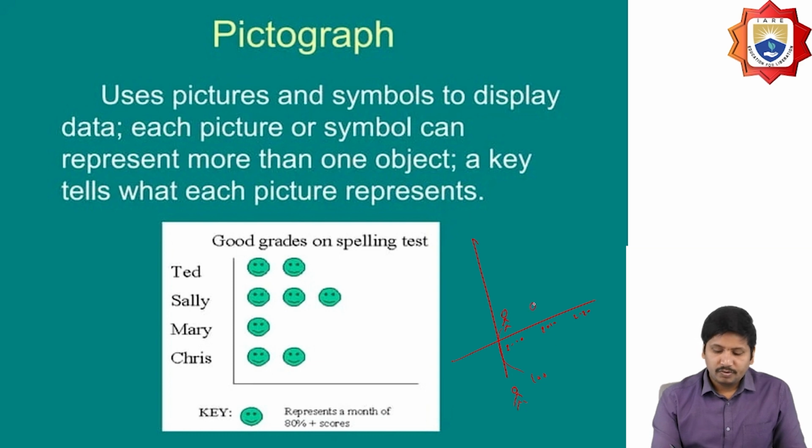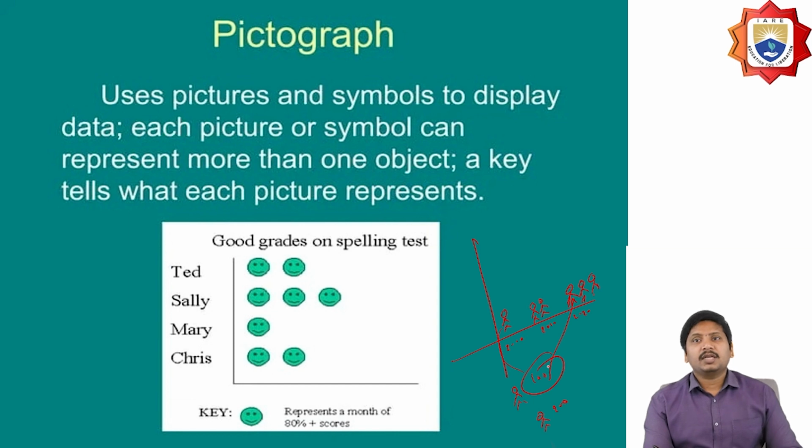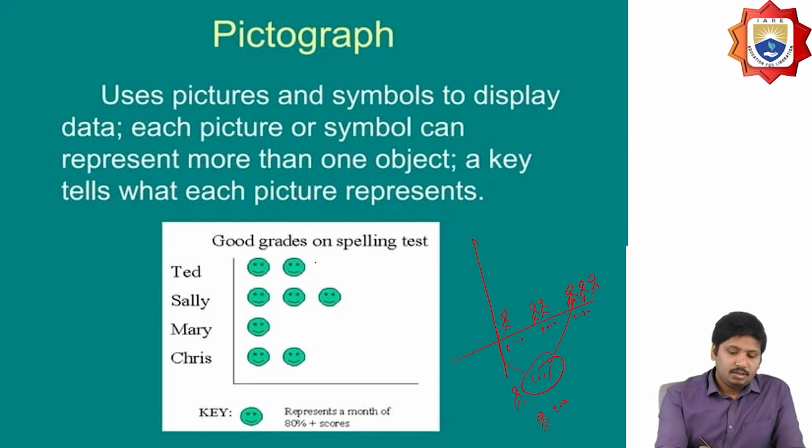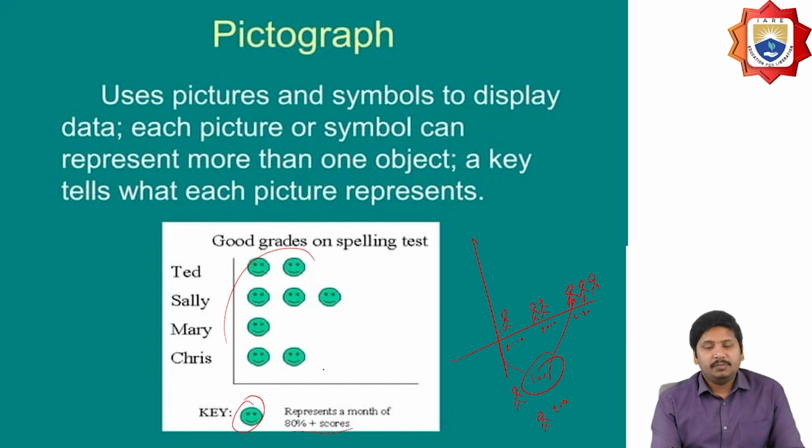In 2000, if I want to show 200, I can draw two symbols. If it is 300, I can draw three symbols. So one symbol represents 100. Like this, I can represent the data using a pictograph.